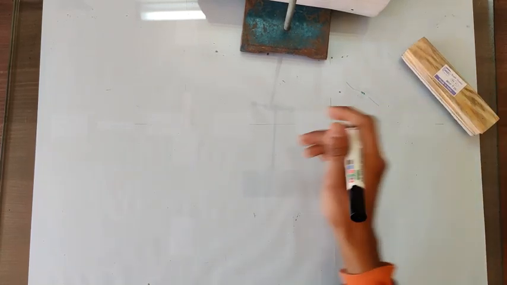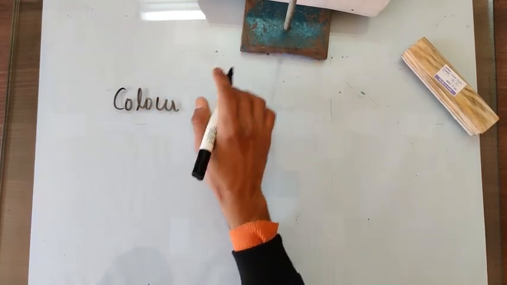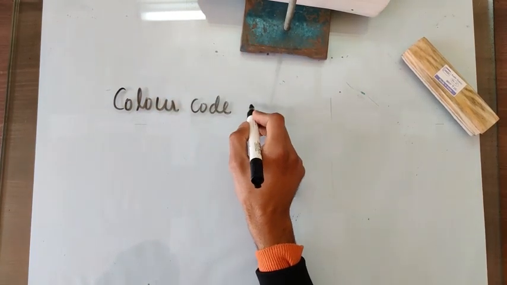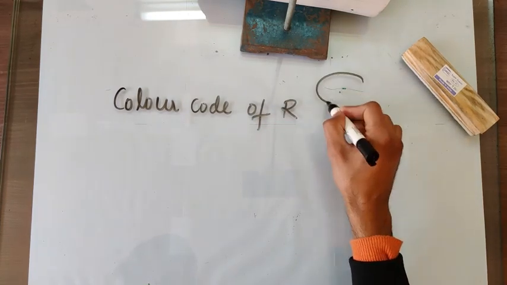So, color code of resistor. Color code of carbon resistor. This is a carbon resistor.